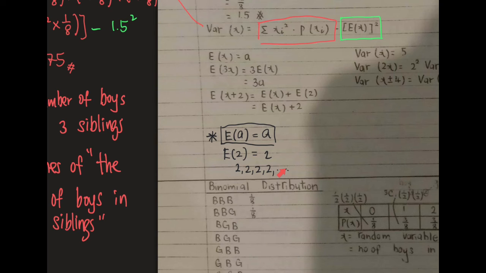If you have four 2's, the average is adding up the 2's and dividing by the number of data, 4, so you still get 2. If you have five 2's, the average is still 2. So that's why E of a constant equals the constant. The average of data which is just A only is A. So that's why E of 2 equals 2.